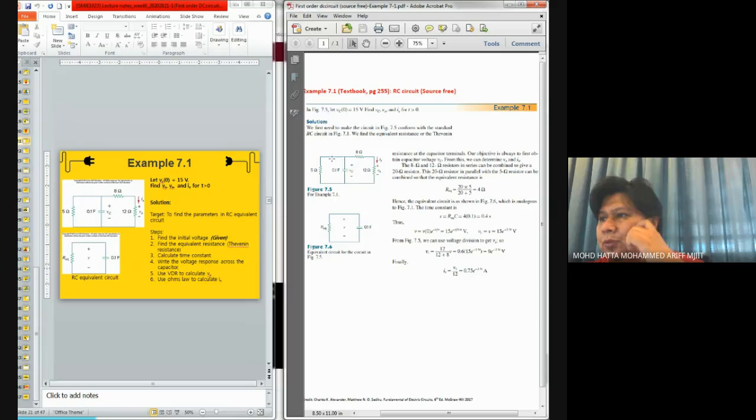Since we have a few resistors connected in the original circuit, the resistor over here should be R equivalent, the equivalent resistance, also known as the Thevenin equivalent resistor, which needs to be determined. How do we determine the Thevenin equivalent resistance? We find the equivalent resistance at the capacitor terminal, meaning we try to remove this part first.